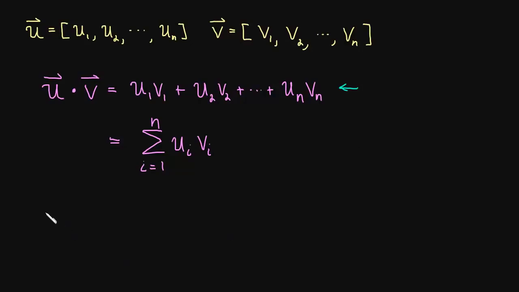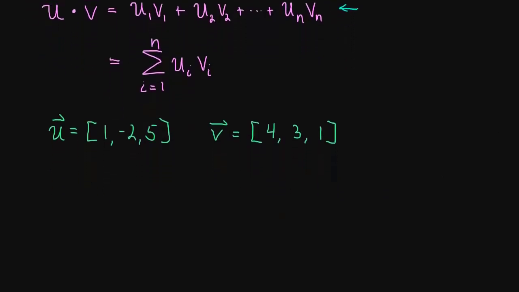So if we have u equal to (1, -2, 5), and v equal to (4, 3, 1), what is this dot product?